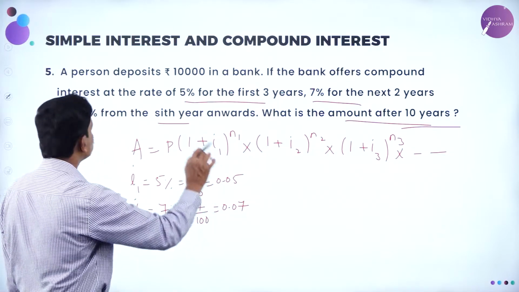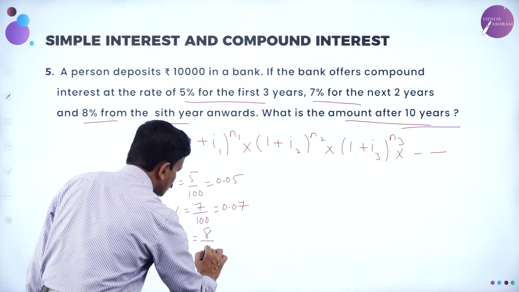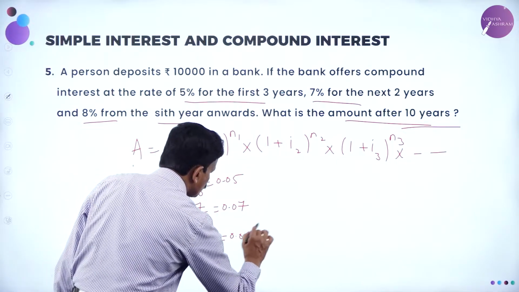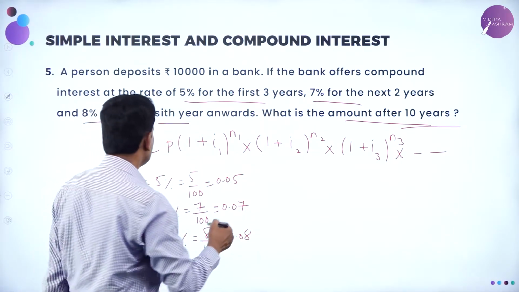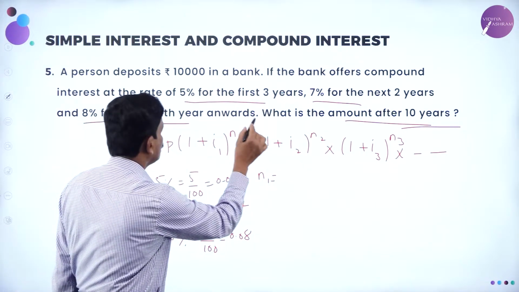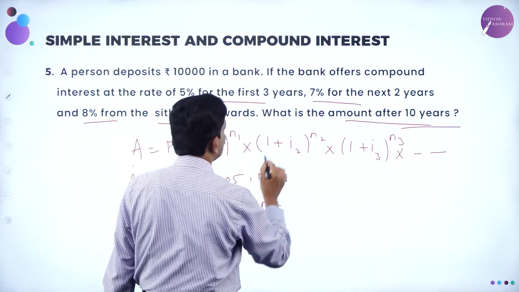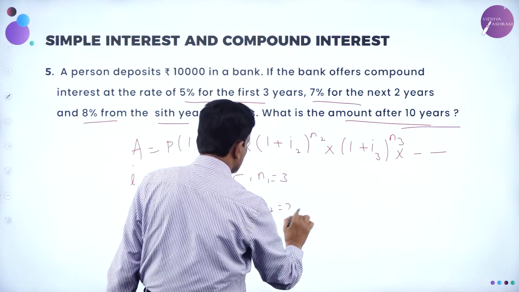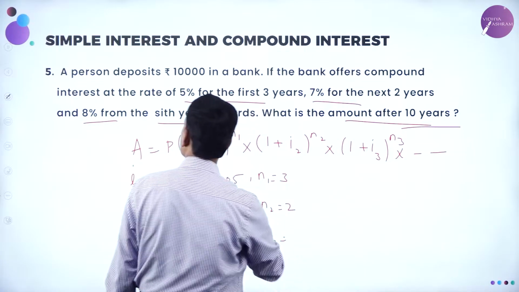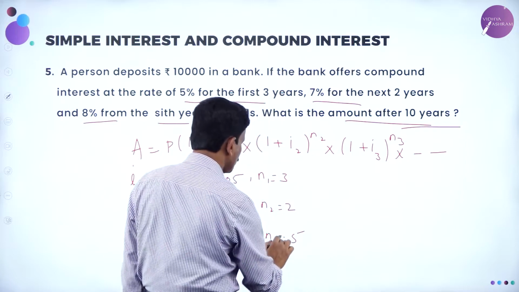What is I3? 8%, which is 8 divided by 100, equal to 0.08. And what is the number of years given? N1, at the rate of 5% for the first 3 years, N1 is equal to 3. Then N2 is equal to 2, for the next 2 years. And N3, at 8%, is for the next 3 years, meaning N3 is equal to 5 years.